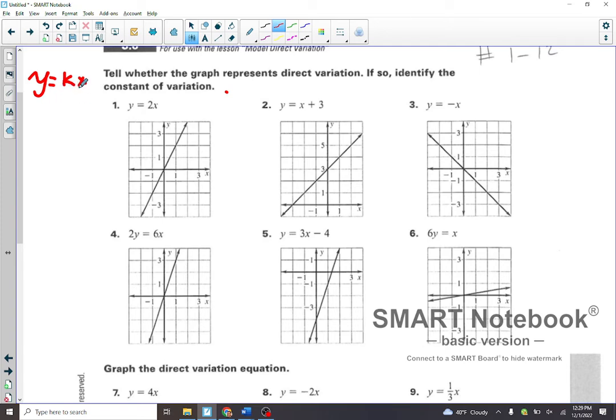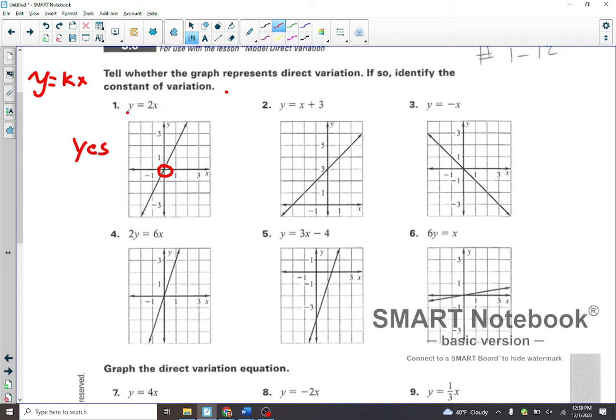So y equals kx. That's a direct variation. Notice there is no plus, no minus to the k's. So there's 2 ways to tell something's a direct variation. One, if it passes through the origin, then yes, it's a direct variation.